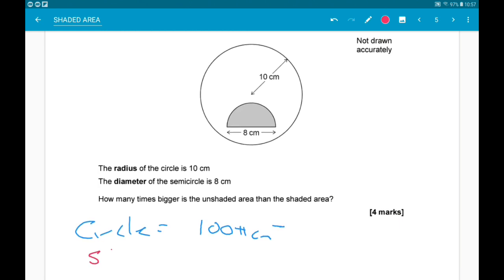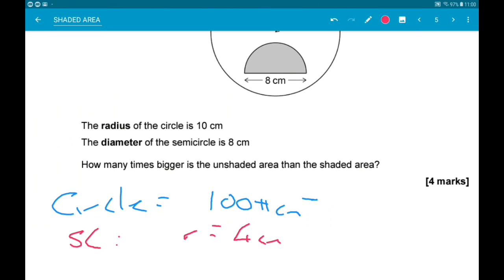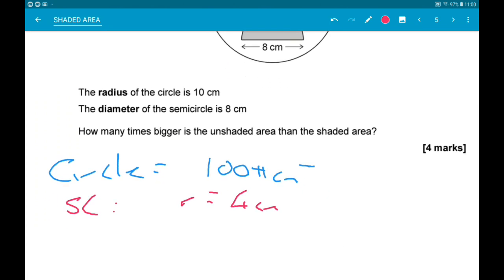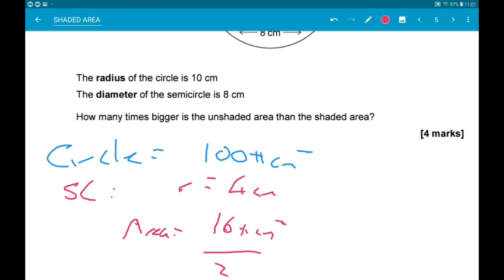So for the semicircle, the radius is 4 centimeters. So the area, now remember it's a semicircle, so the area is pi times 4 centimeters squared, so 16 pi centimeters squared, divided by 2. So that is 8 pi centimeters squared.